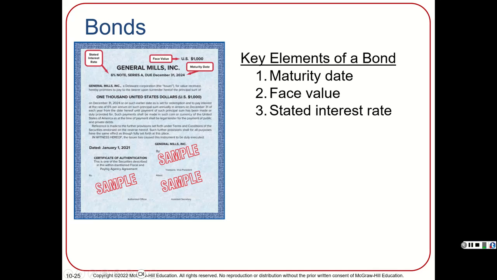So the 6% is the stated interest rate, and then this series of bonds is due to be paid on December 31st of 2024, which is the maturity date.